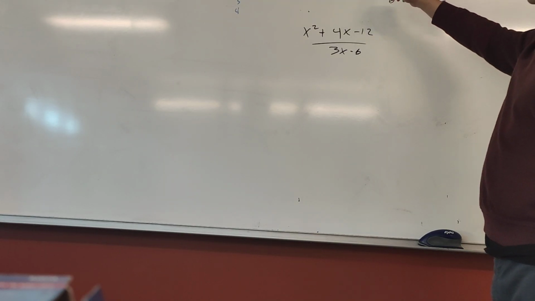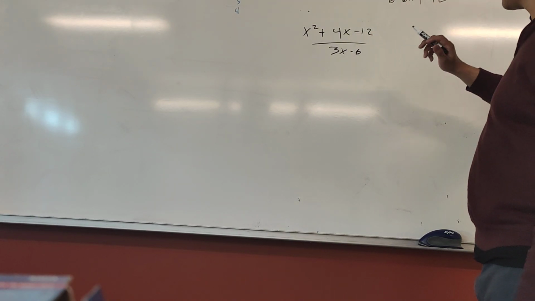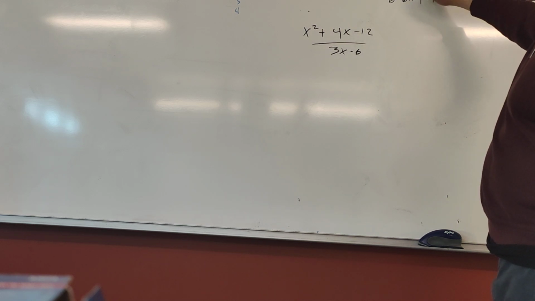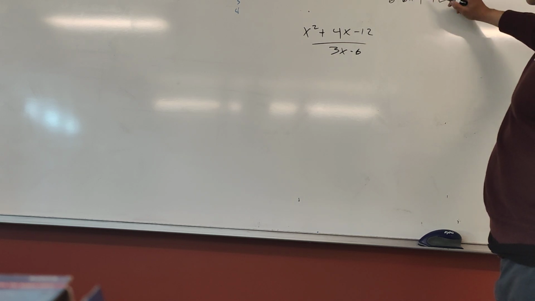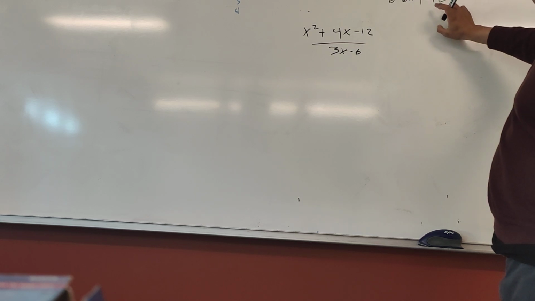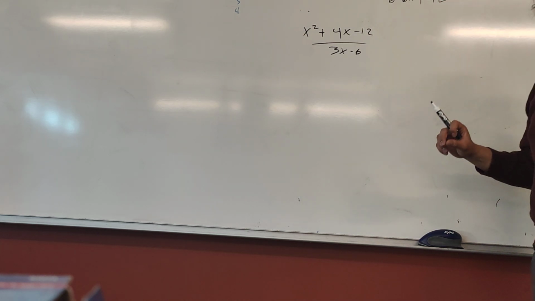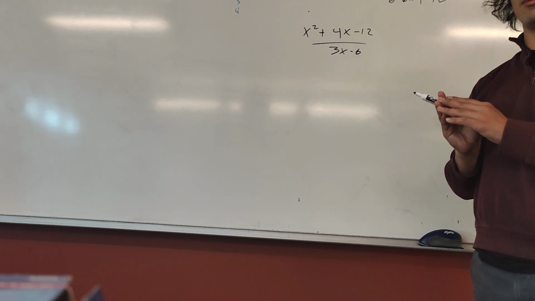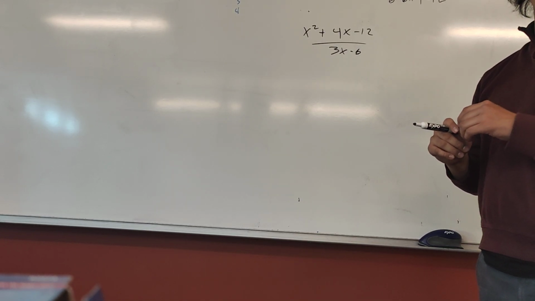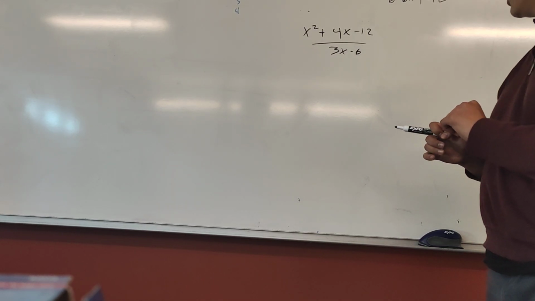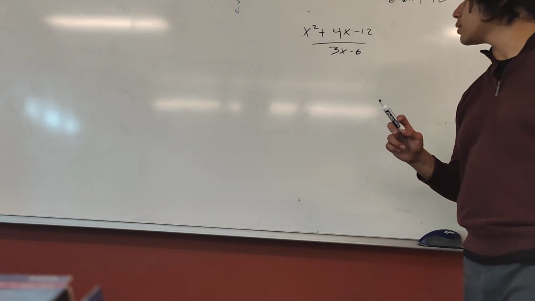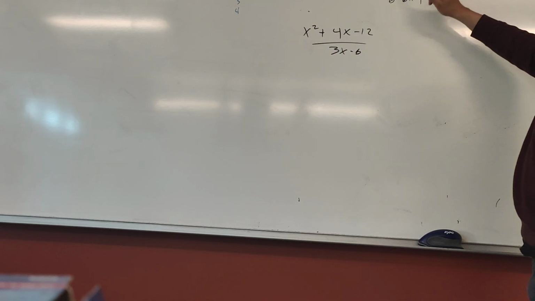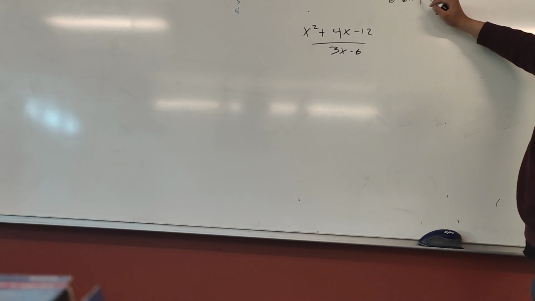So x squared can be separated as x times x, and here you multiply like this, multiply like that, so you get 6x, and I factor out the 12 also. You have to have one number that's negative. That's why I picked -2 and 6, because if I do the addition here, this arrow means addition.